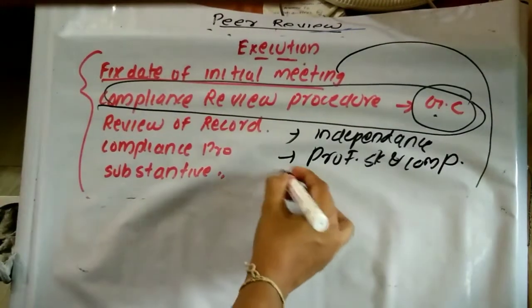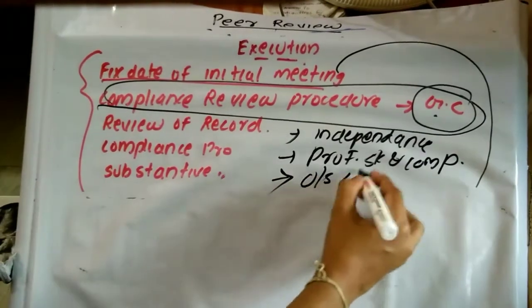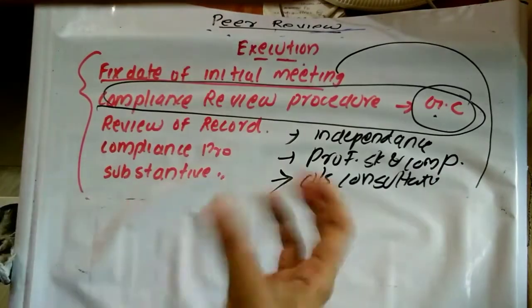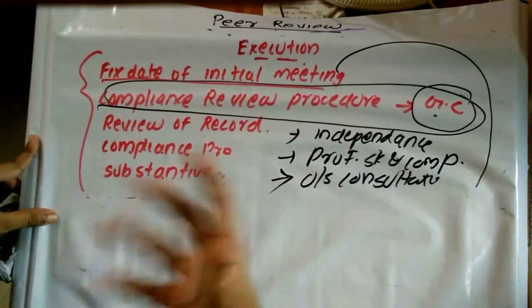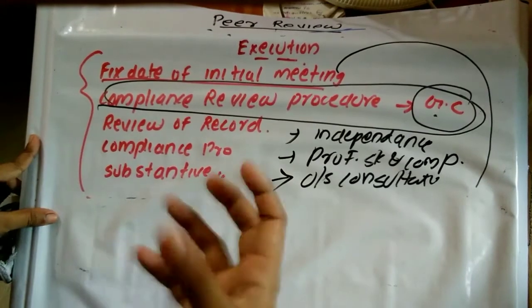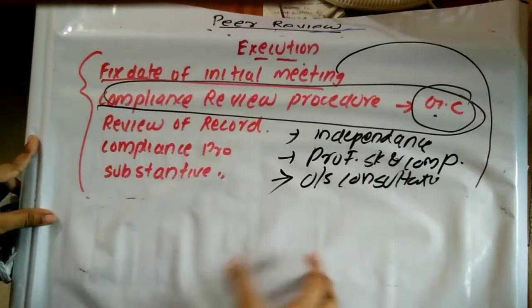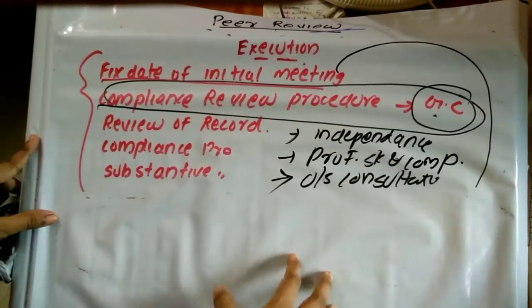Then outside consultation. It means that if the practicing unit is facing any difficulty because of something new or a difficult area, do they have the right to obtain consultation from outside of the organization? It means outside of the practicing unit. Can they take outside consultation?